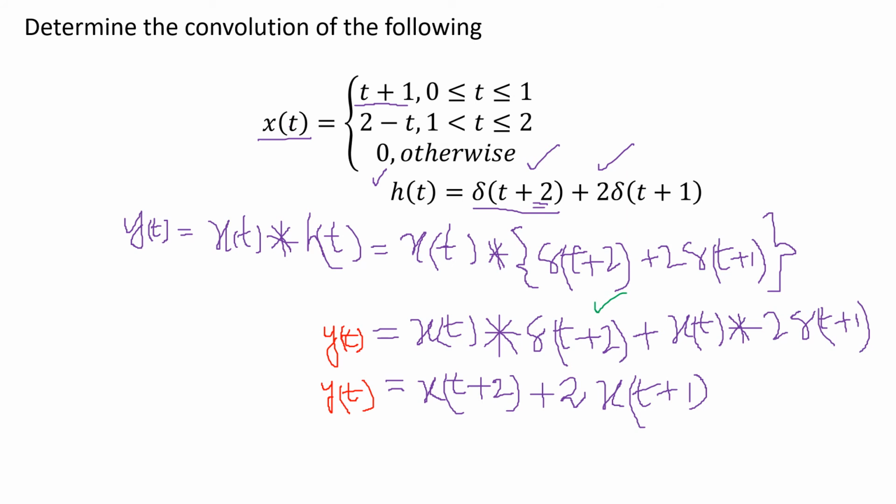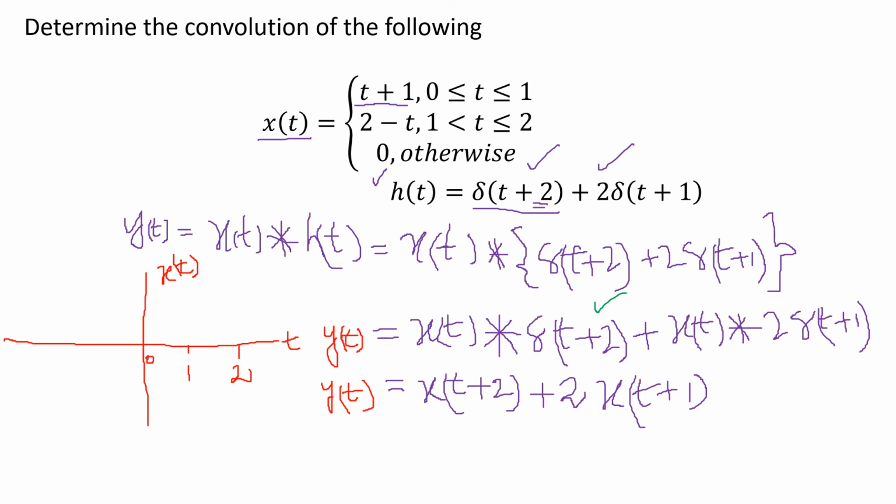Now if I plot x of t, it will be something like this. This is 0, maybe this is 1, and this is 2, and this is your t-axis.